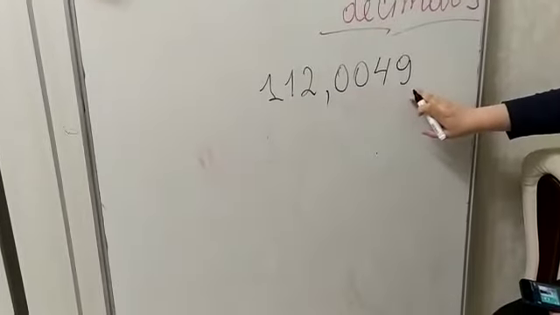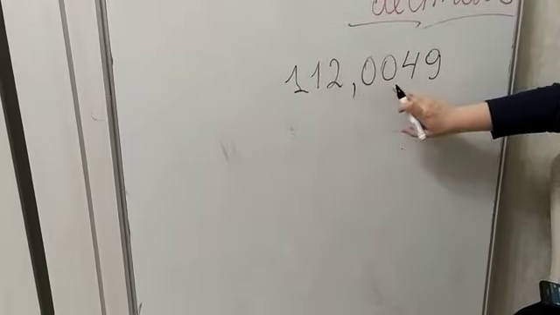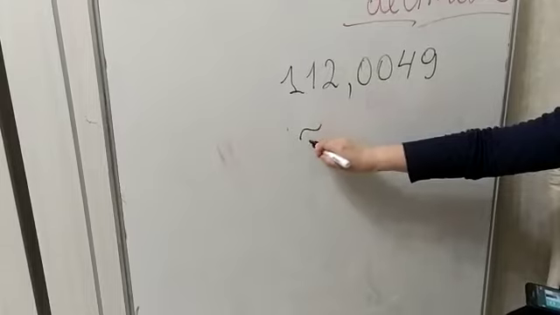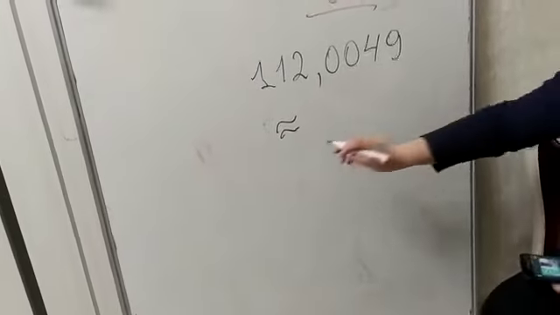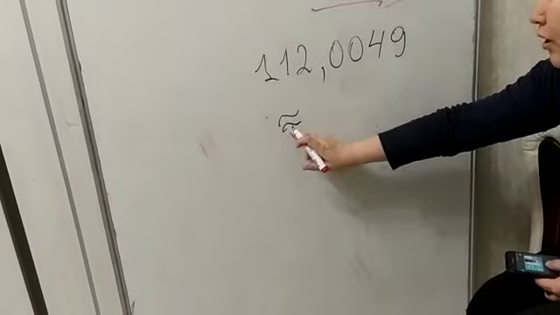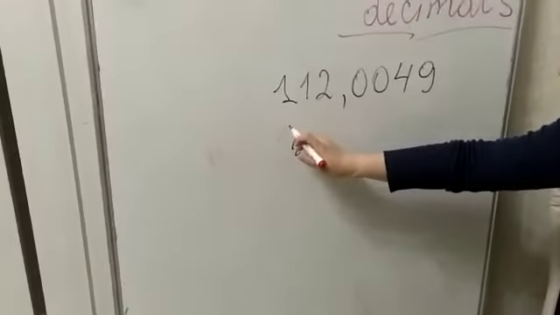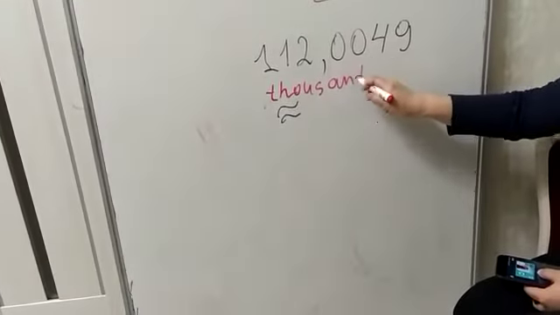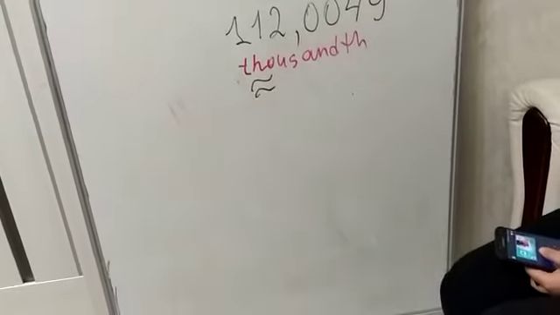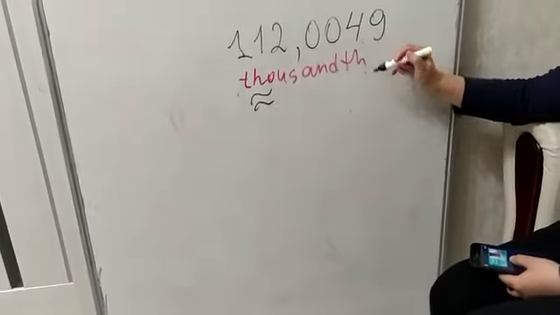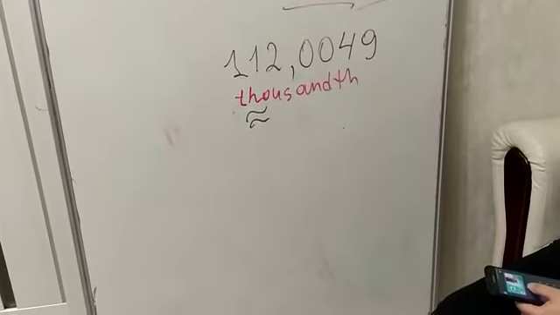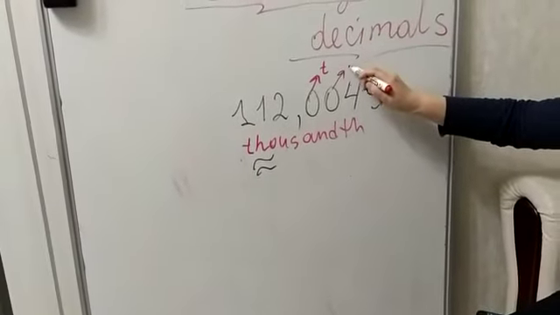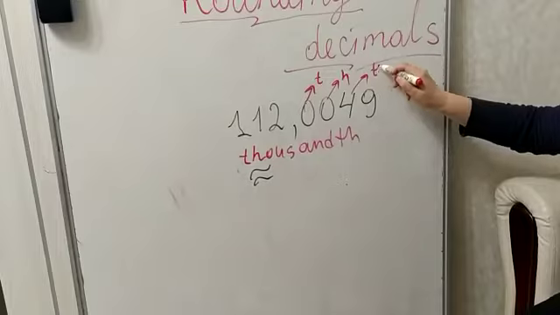After the point we have 4 numbers, which are tenths, hundredths, thousandths and ten-thousandths. Now we need to round this number, so I write the approximately equal sign, and we round to the nearest thousandth. First, let's understand what a thousandth is. After the point, the first number is the tenths, the next is the hundredths, and the next number is the thousandths.